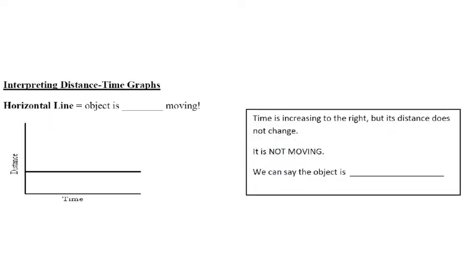All right, on your paper, I filled this out for you already just to make it easier. A horizontal line on this type of graph means that the object is not moving.